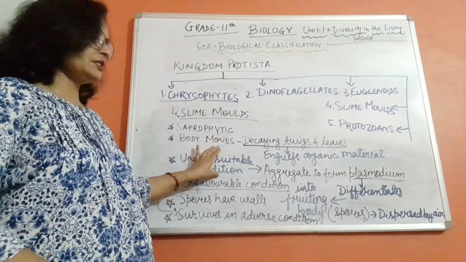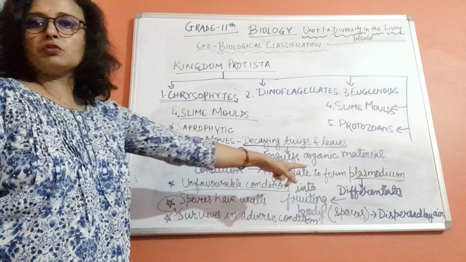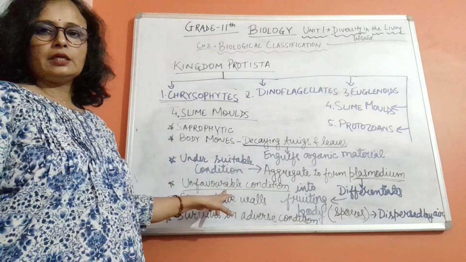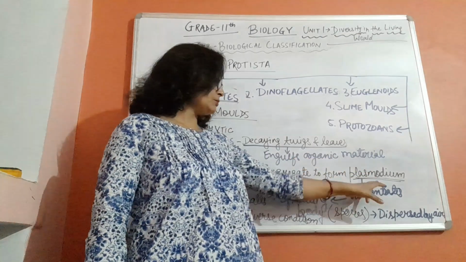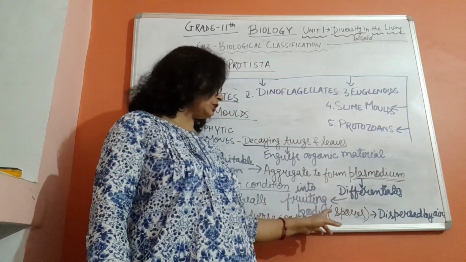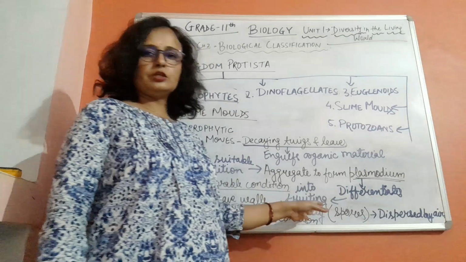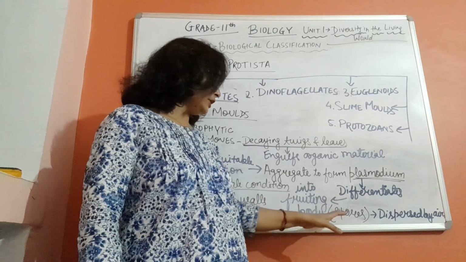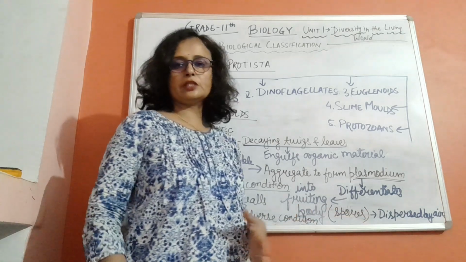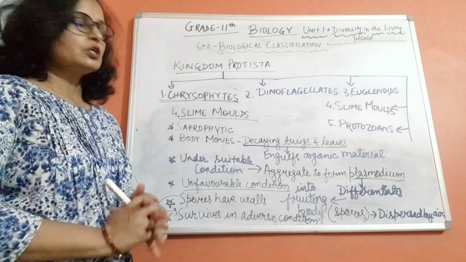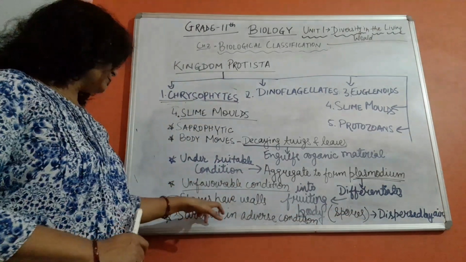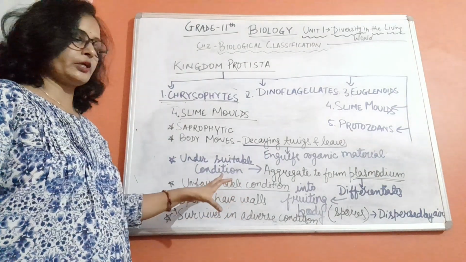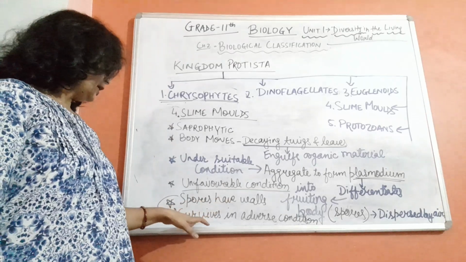That means when the condition is suitable, the body aggregates to form plasmodium, and when the condition is unfavorable, the plasmodium develops into a fruiting body. The tips of the fruiting body have spores. And these spores have walls, which protect the spores.